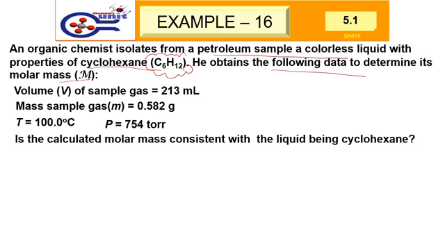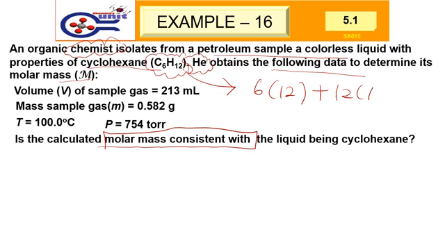So, dia suruh kita tentukan, betul ke gas yang ahli kimia jumpa ni adalah cyclohexane. Yang penting, bila awak kira molar mass, if the molar mass is consistent, so the value of the molar mass calculated mesti same with the molar mass by using the 6 darab 12 tambah 12 darab 1.